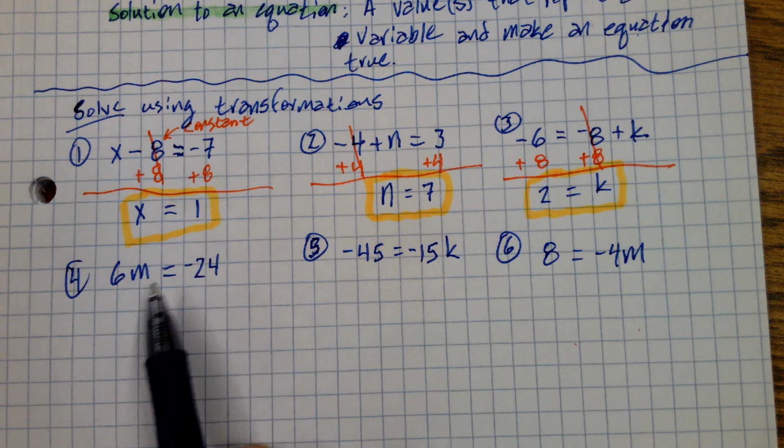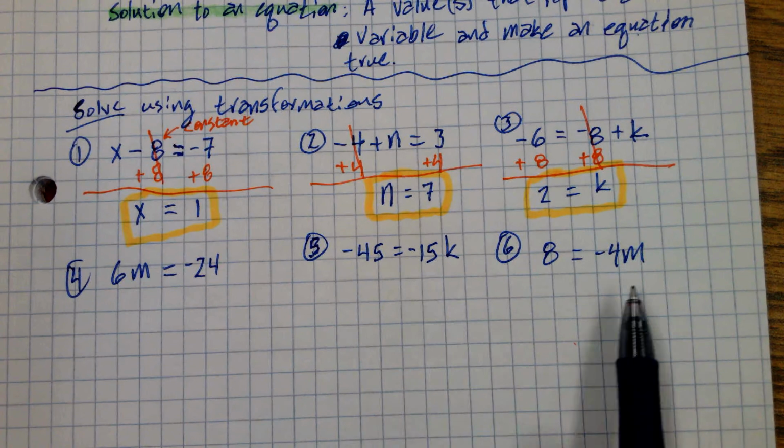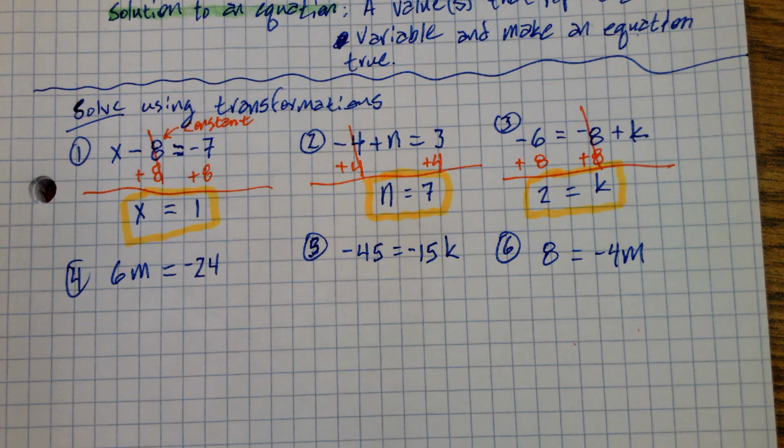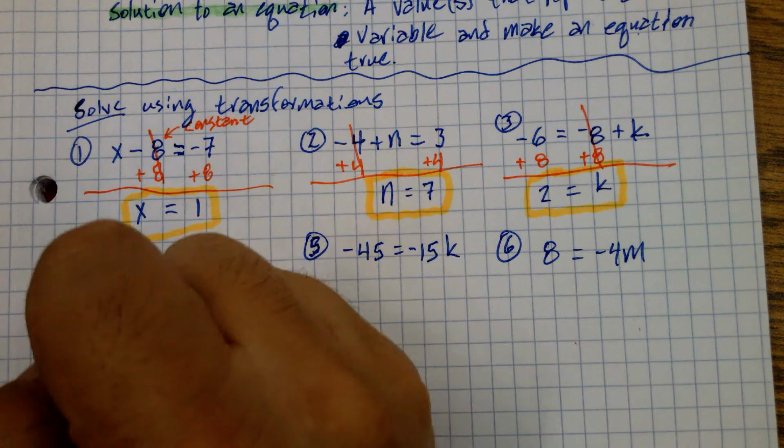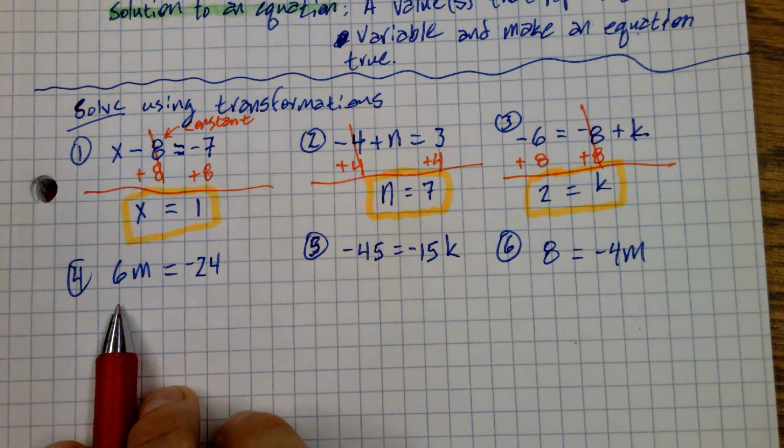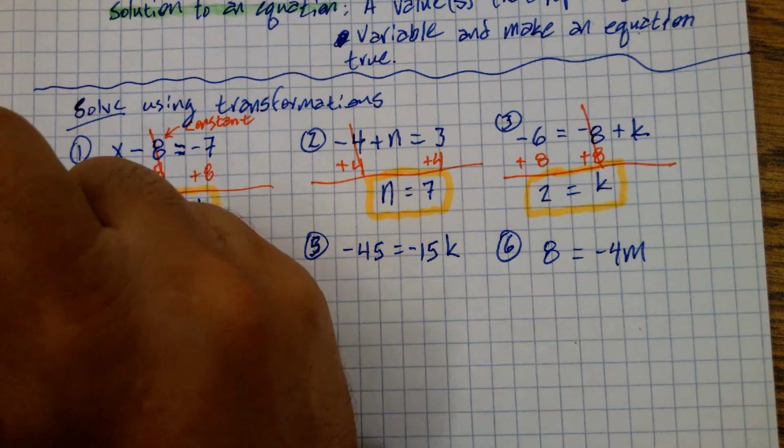So these are all multiplication equations. I'm multiplying the variable times some number. So in order to undo that, which operation do I have to use if it's multiplication? Division. Now we don't use the little division symbol, right?